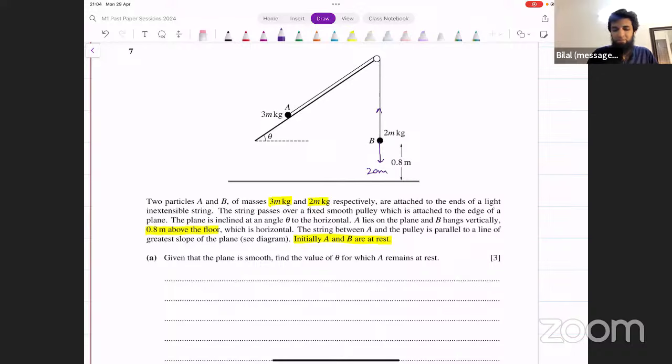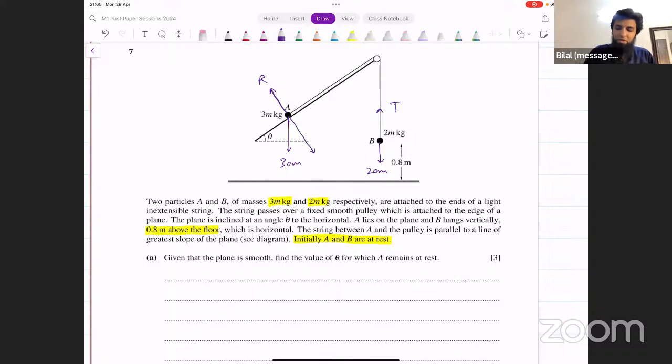And there's tension acting upwards. What are the forces acting on A? We've got weight of A. That's 30 times m. We've got reaction. Although in this case, we would not really need to use that because the plane is smooth. So reaction is not going to be used. We only use that generally when there's friction.